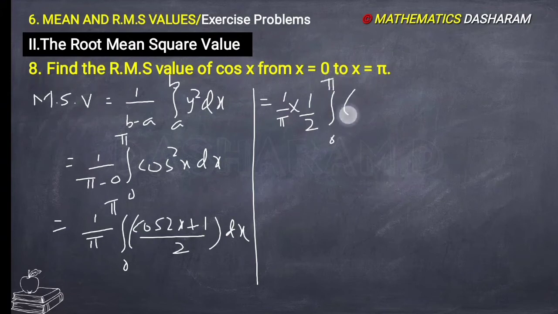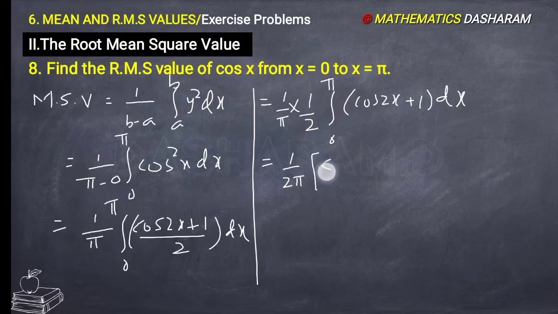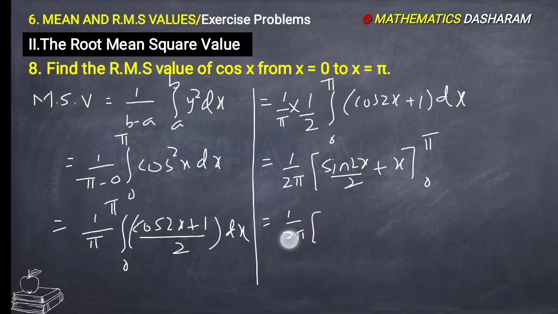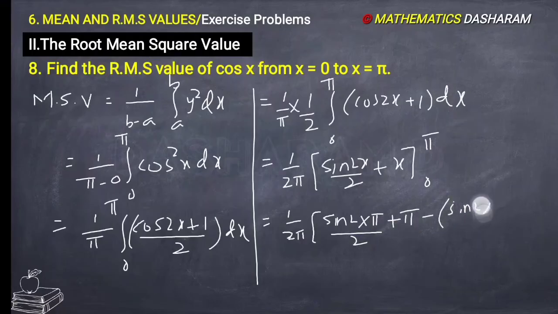Integration 0 to pi cos 2x plus 1 into dx. So 1 by 2 pi, integration of cos 2x is sin 2x divided by 2 plus x, 0 to pi. So 1 by 2 pi, here substitute the upper limit 2 into pi by 2 plus pi, minus lower limit 2 into 0 by 2 plus 0.